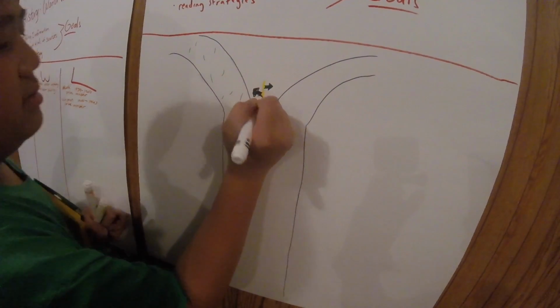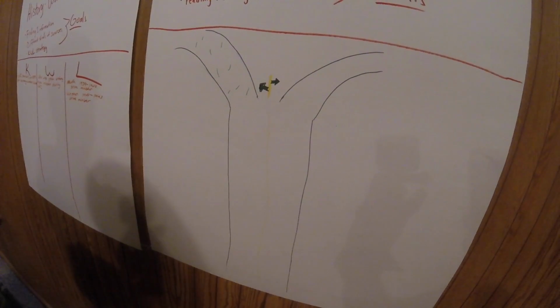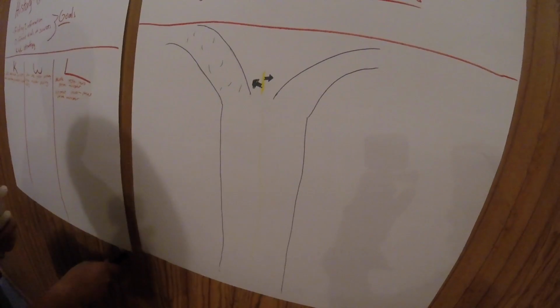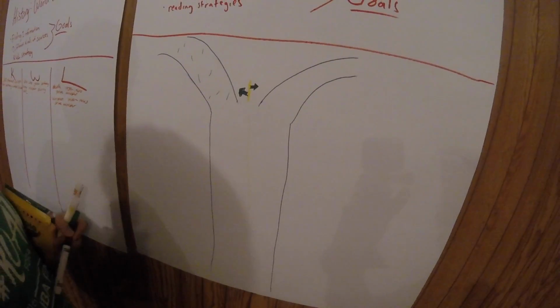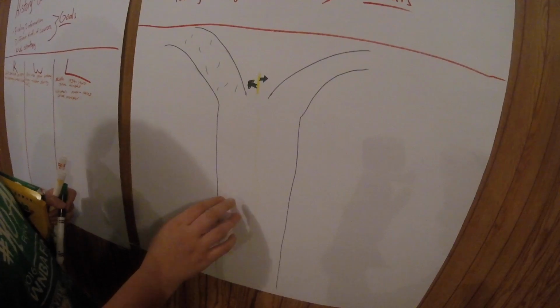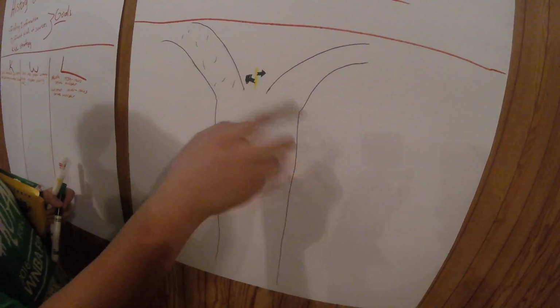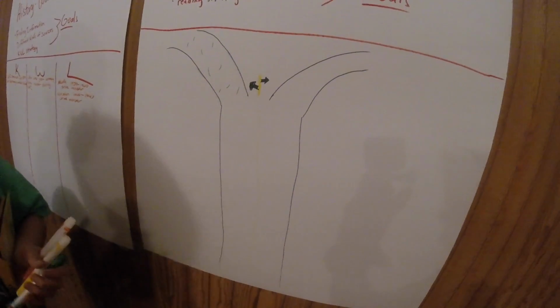I'm just going to scribble it. That works. Yeah, that's what I see. Where do you see Robert Frost walking, or yourself walking? Maybe in the middle first, but then I'm going to look down the road and see which one is better.